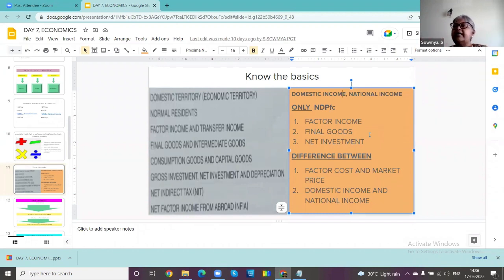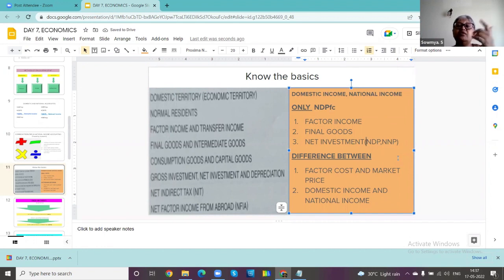So that's why we take into account only the final products and always only the net investment and not the gross investment. So it is actually this detail, net investment detail, which is going to give us the NDP and the NNP, right? Whether it is the NDP or the NNP, we get this because, as I said, it's always a net concept.